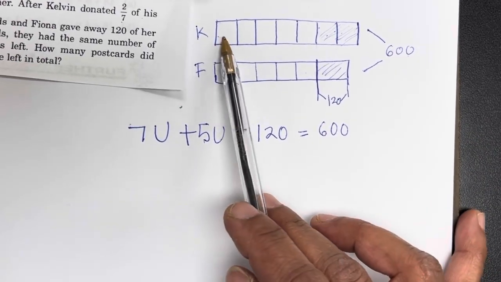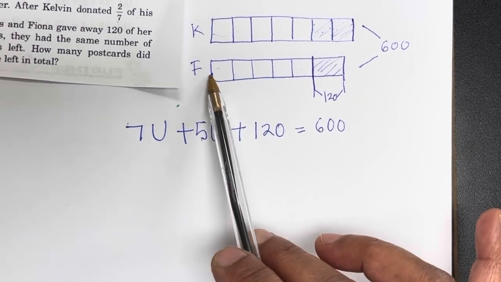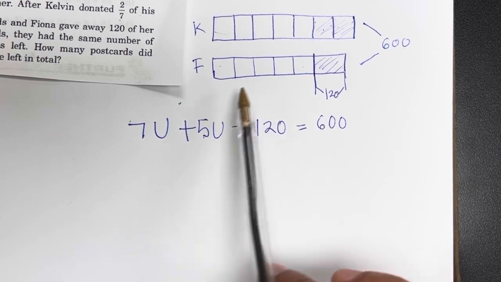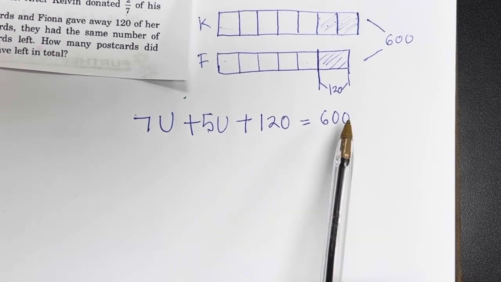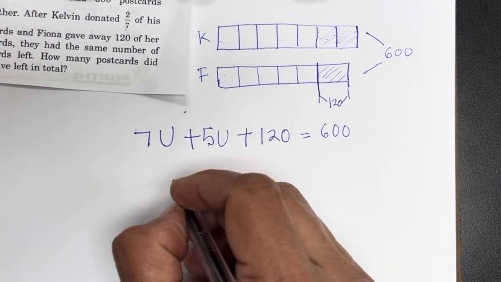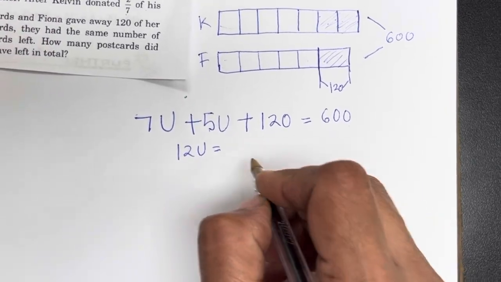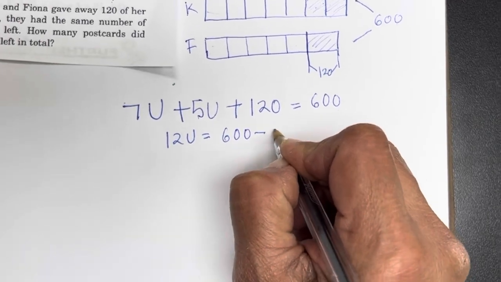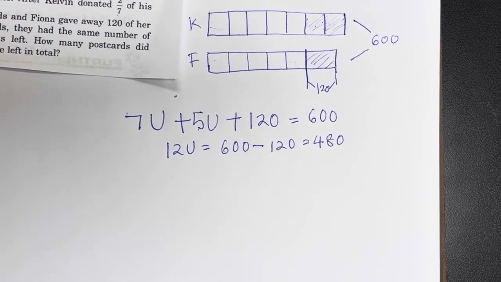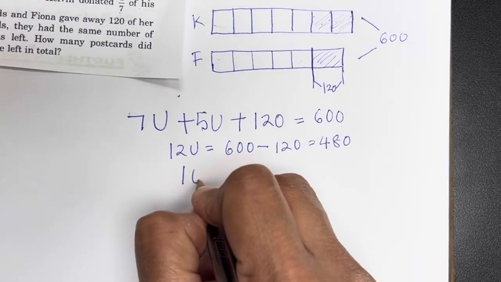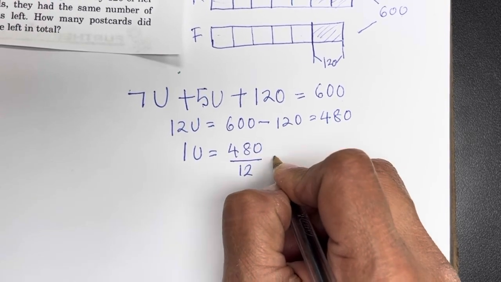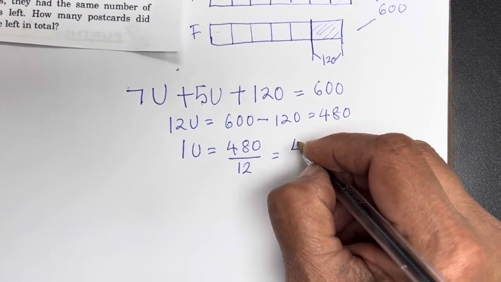So initially Kelvin had all these 7 units, Fiona had these 5 plus 120, and the two combined, 7 units plus 5 units plus 120, was equal to 600 postcards total, which means 12 units is equal to 600 minus 120 equals 480 postcards. Okay, which finally gives me 1 unit is equal to 480 divided by 12, which is equal to 40 postcards.